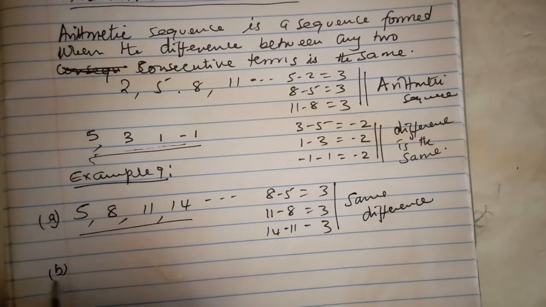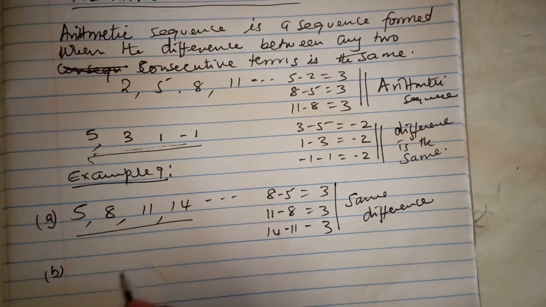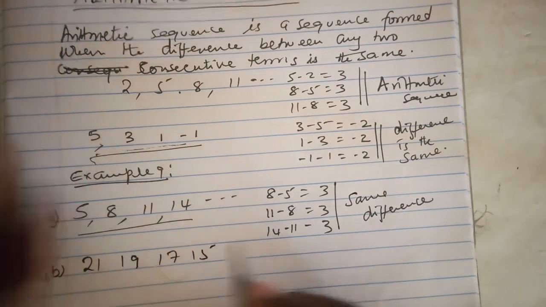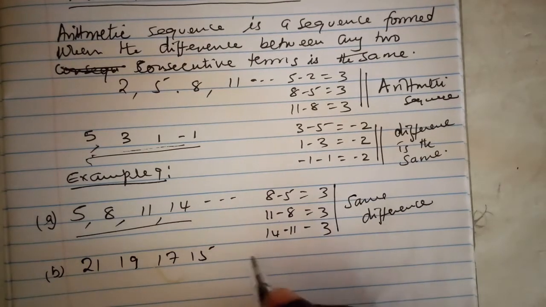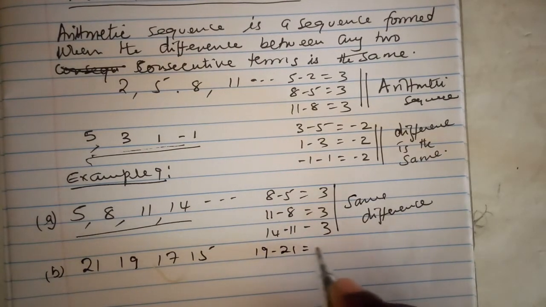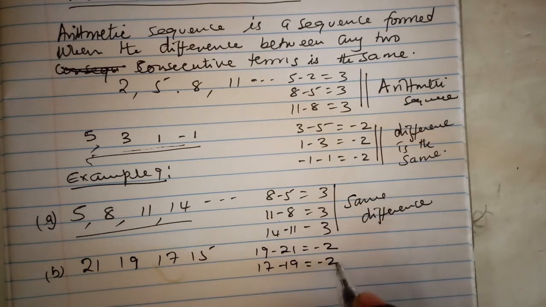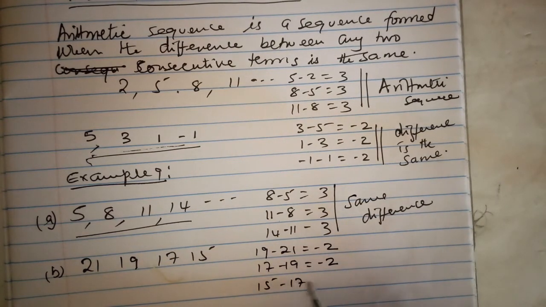Let's go to part B: 21, 19, 17, 15. Second minus first, 19 minus 21 is negative 2. 17 minus 19 is negative 2. 15 minus 17 is negative 2.